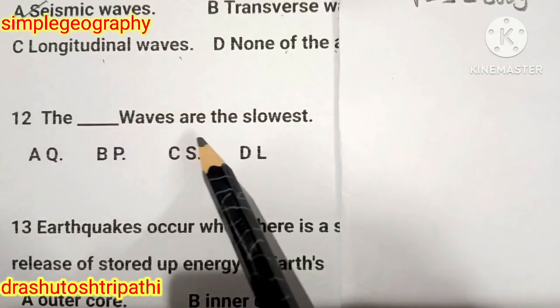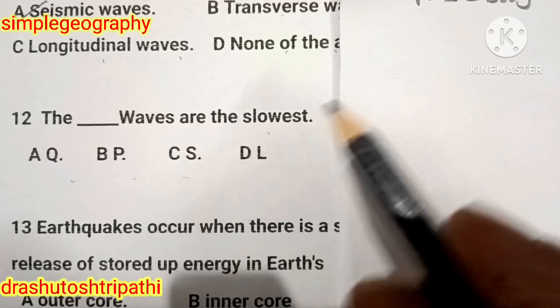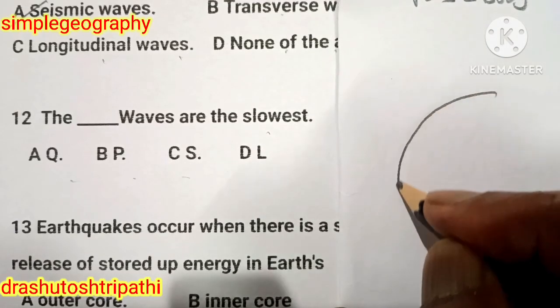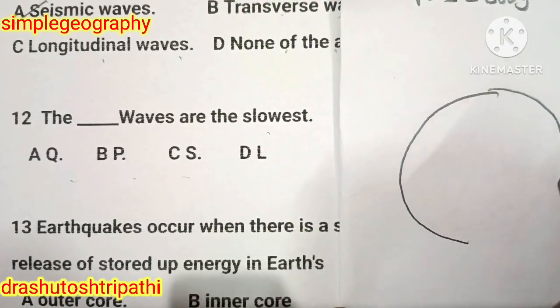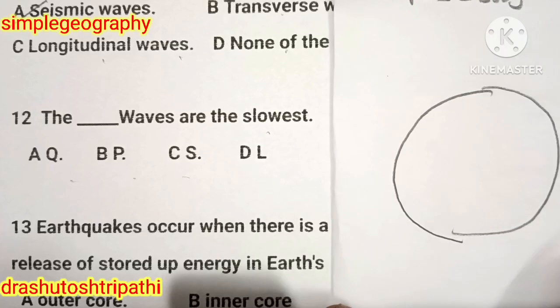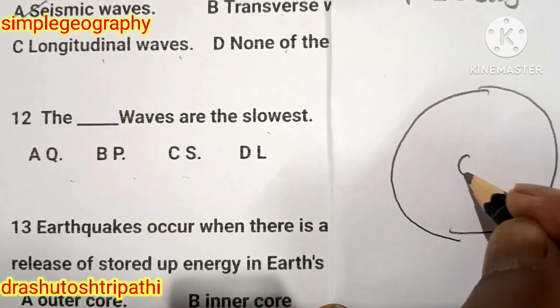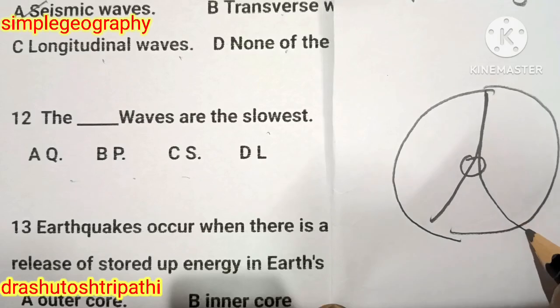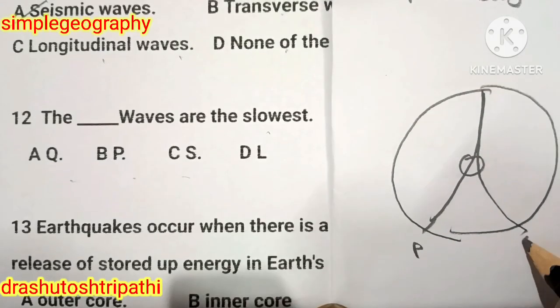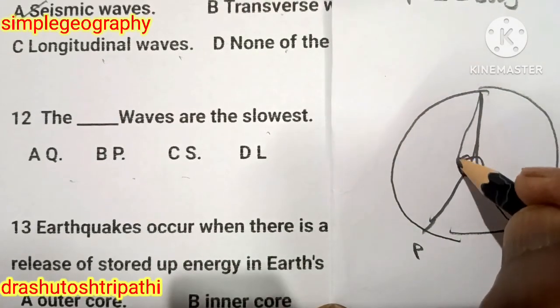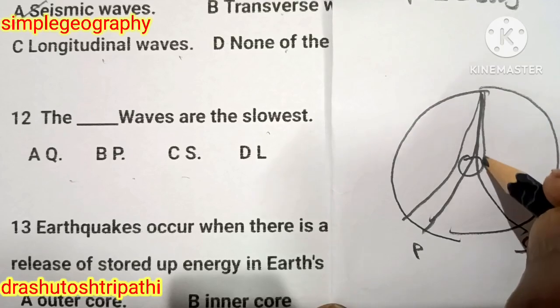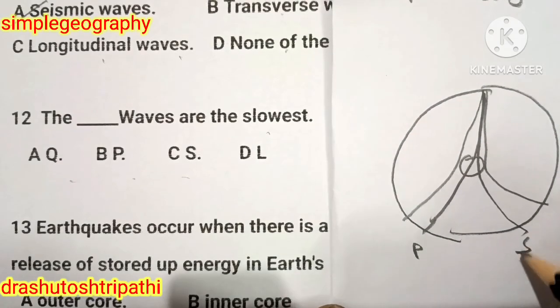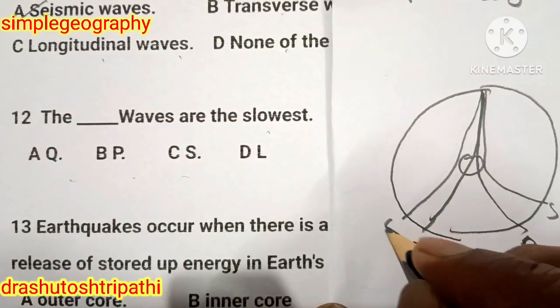Which waves are the slowest: Q, P, S, L? As we know, when the earthquake originates, three types of wave originate. First one is the P wave, which is known as the primary wave, which originated first among all. Second is the S wave, which originated after the P wave.